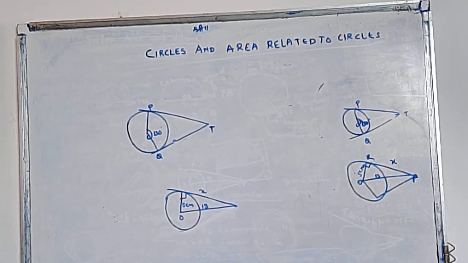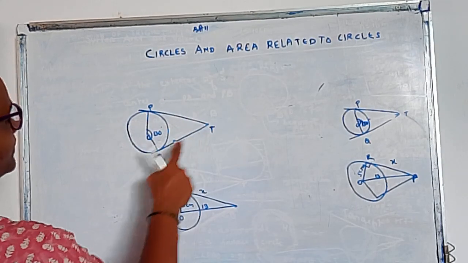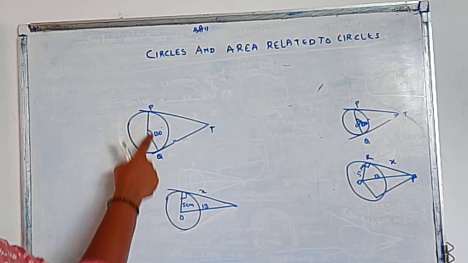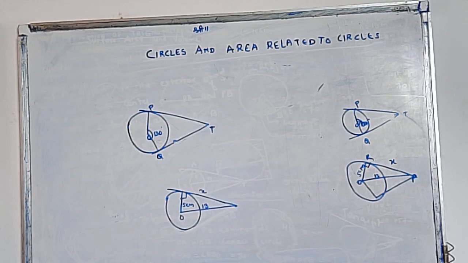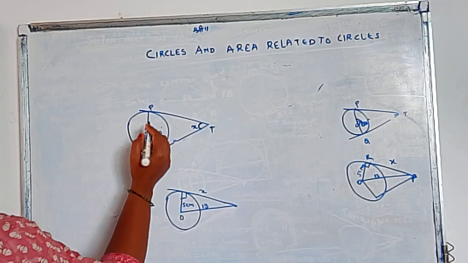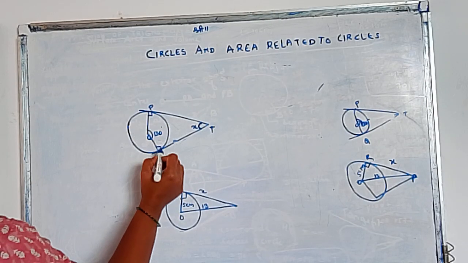We are solving two sums here. These are the two tangents, PT and PQ, touching the circle at P and Q, making an angle of 130 degrees with the center. We are told to find X. So we know that this is 90, this is 90.